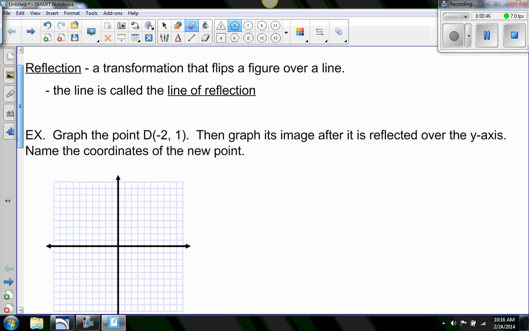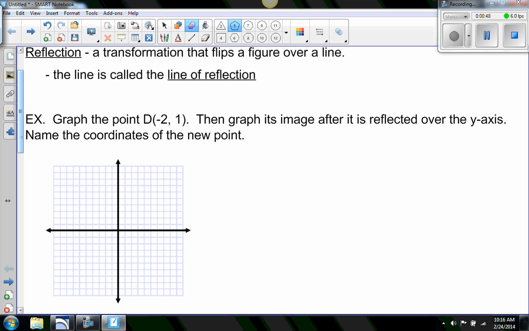And so here's an example. If we want to graph the point D, which is at (-2, 1), so let's do that. Remember, you go left and right first, so -2 is to the left, and then up 1, D is right there. It says, then graph its image after it is reflected over the y-axis. Well, remember the y is this one, x is this one.